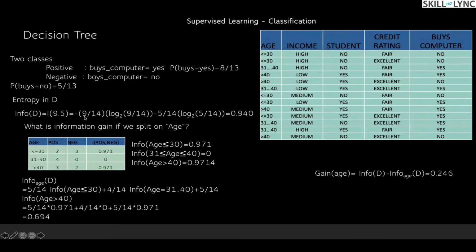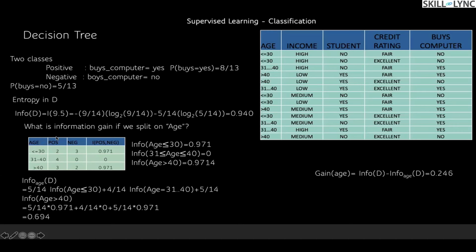Entropy in D is minus the sum of probability of yes times log of probability of yes, 8 by 13 log of 8 by 13, minus probability of no, again 5 by 13 log of 5 by 13. You can calculate these values. I have calculated based on 14, so you can calculate it now.